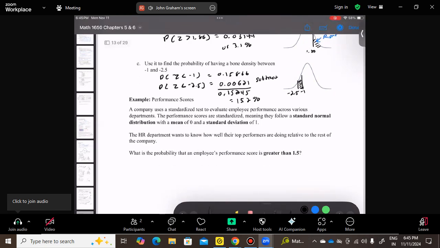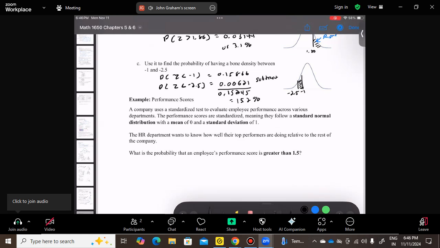Another example, a company uses a standardized test to evaluate employee performance across various departments. The performance scores are standardized, meaning that they follow a standard normal distribution with a mean of 0, standard deviation of 1. The HR department wants to know how well their top performers are doing relative to the rest of the company.